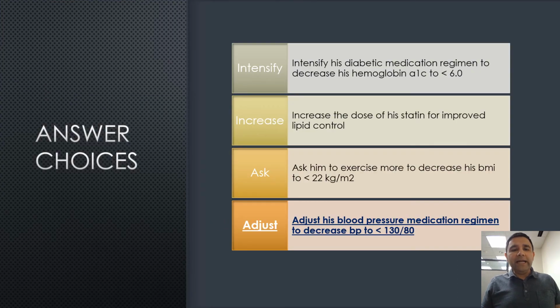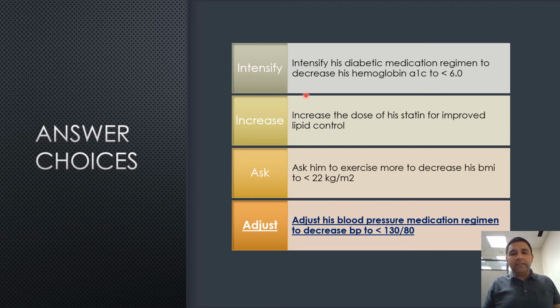Okay, so I'm going to end my talk by answering the question that I gave you earlier. By now, I'm sure you already know the answer, but let's go through the choices again. I don't think there is any more value in decreasing his hemoglobin A1C to less than 6.0. A hemoglobin A1C between 6 and 7, which this patient has, is perfectly acceptable.